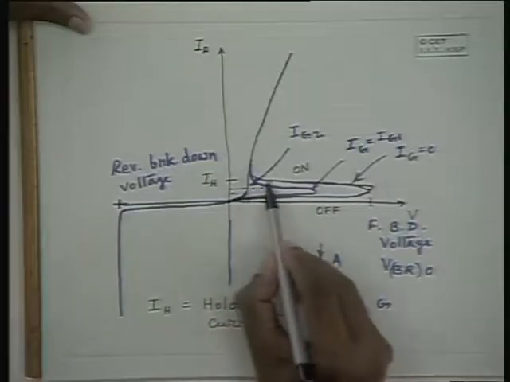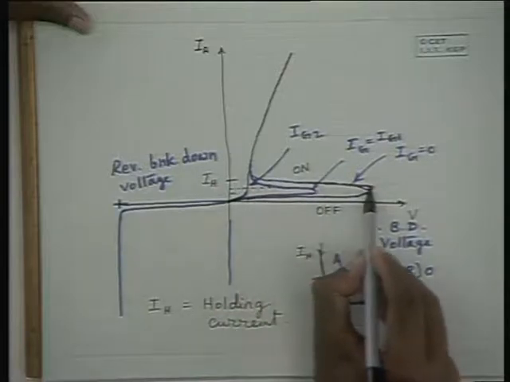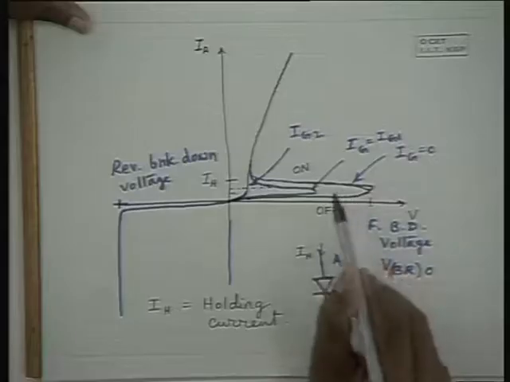When you reduce the current, the operating point goes like this, and once you go below the holding current, it comes onto this side. And on this side the transistors Q1 and Q2 are off, except for IC naught. Whatever current results because of IC naught is the holding current IH. So this is how the device works, and this is what the VI characteristics of the device is.